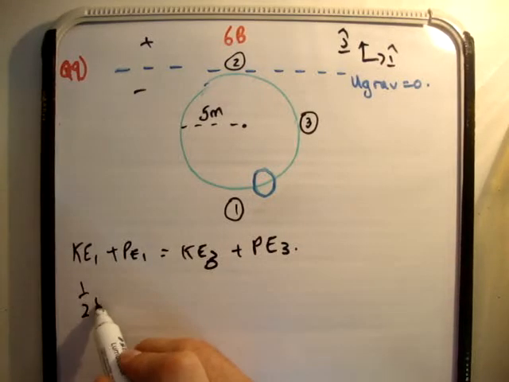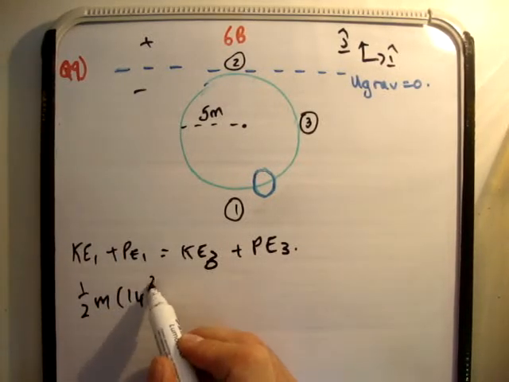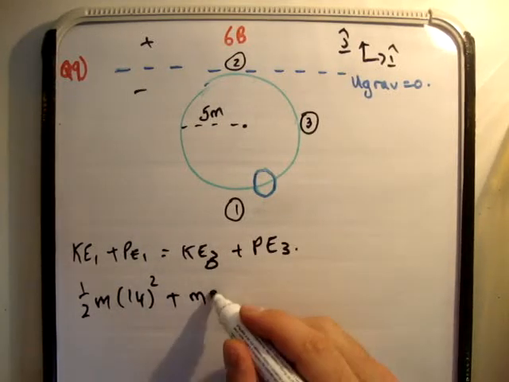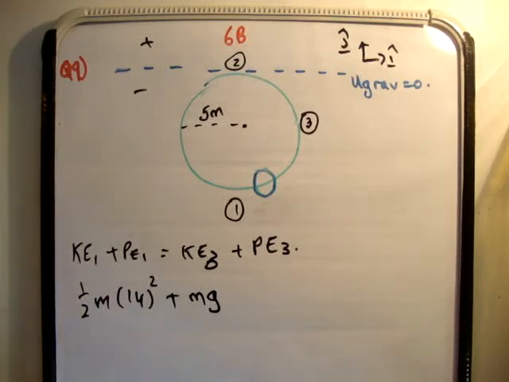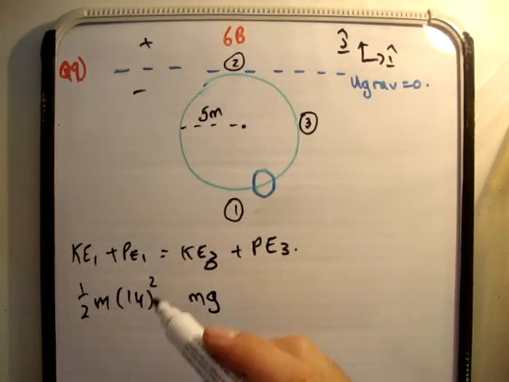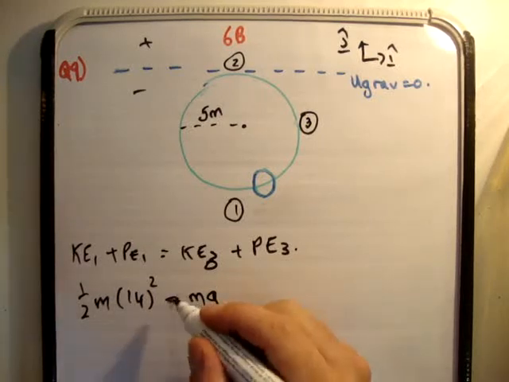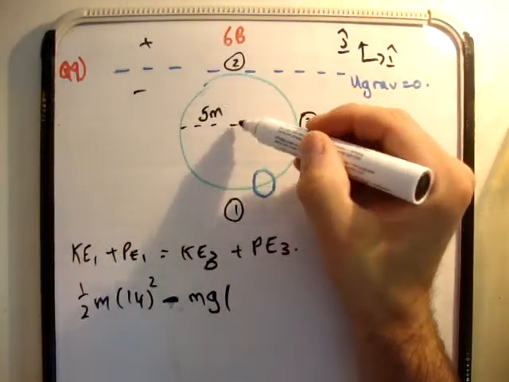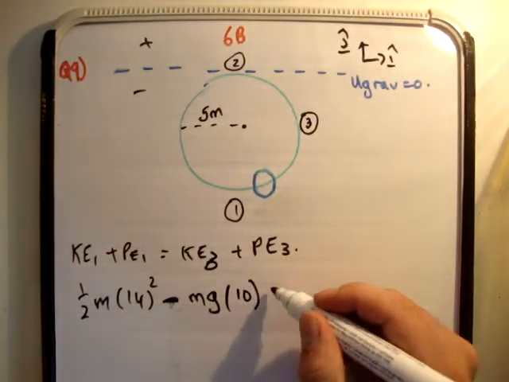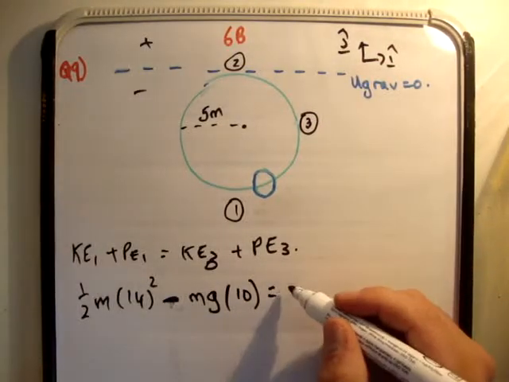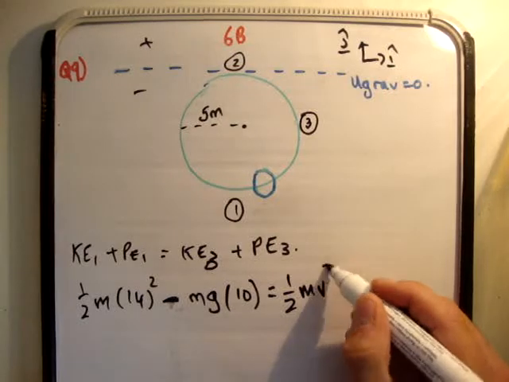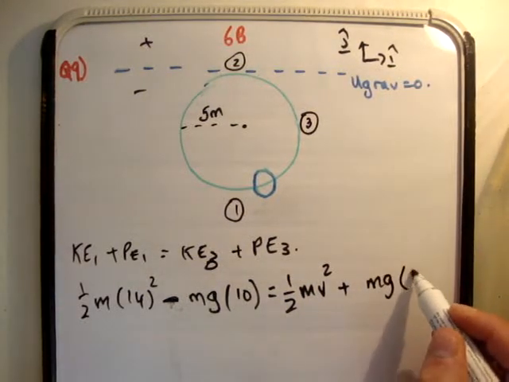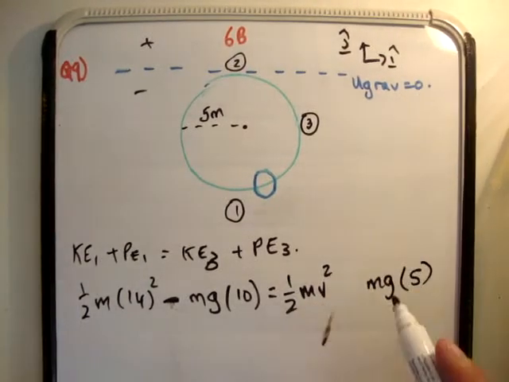So a half m times 14 squared plus mg times h, but we said it's a negative gravitational energy, so its h is negative, and its displacement is going to be twice the radius of the circle, which is 10 meters, is equal to the kinetic energy at 3, half mv squared, plus the potential energy at 3, so it's going to be mg times 5, but once again we're in a negative direction.